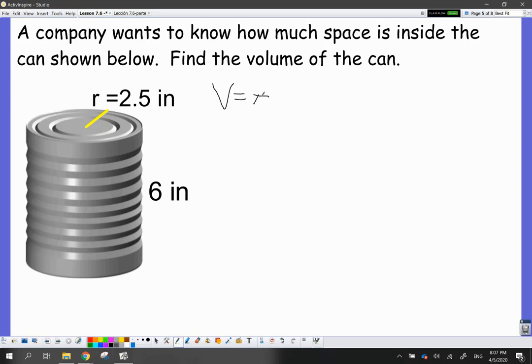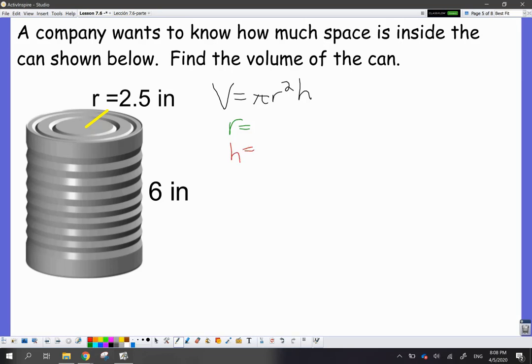And we know that's going to be pi r squared times h. And we know that r represents the radius and h represents the height of the cylinder, the distance between our circular bases. So there's two things here that we're finding as well. We're finding the radius and we're finding the height of the cylinder.